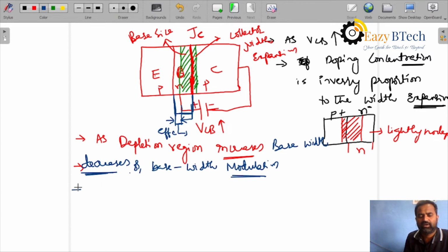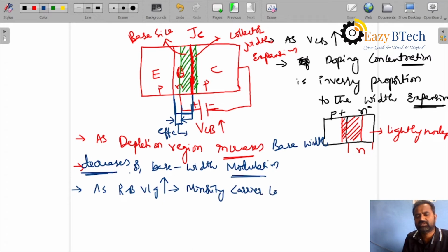Now, we know that as the reverse bias voltage increases, the minority carrier concentration increases, which leads to an increase in the kinetic energy of the charge carriers.